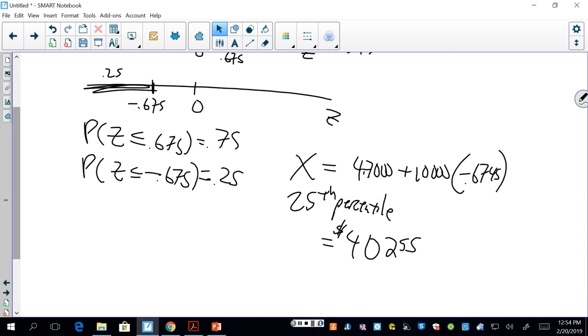So the symmetries are very useful for doing this. Transforming everything to the standard scale back and forth. And so you can ask a lot of different questions.